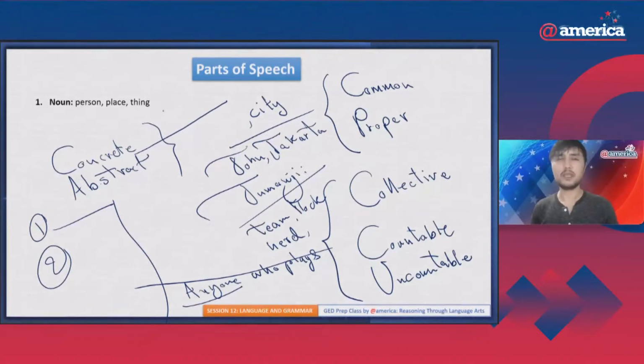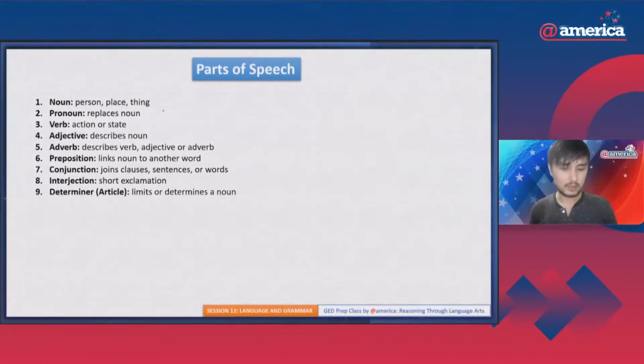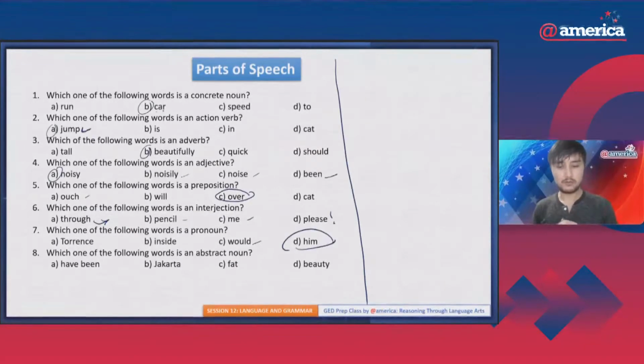Abstract nouns cannot be seen, felt, or smelled. They are intangible, basically. So now, which one do you think is intangible?